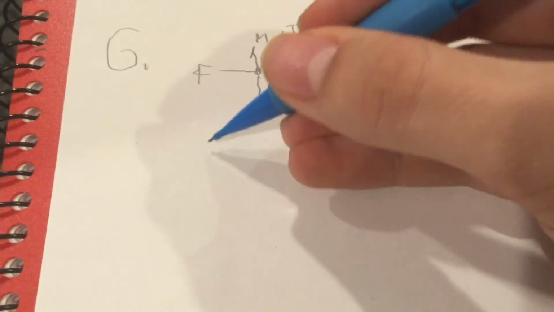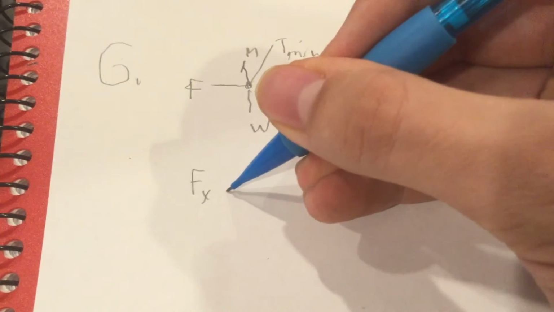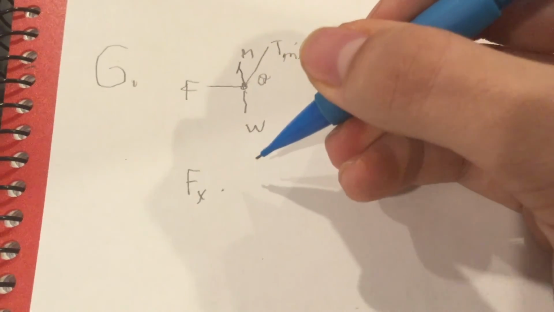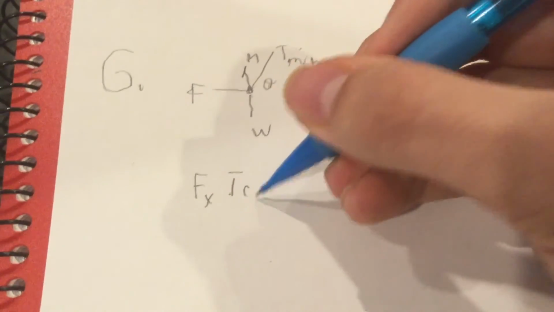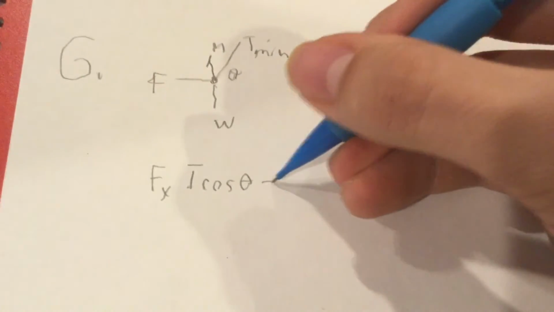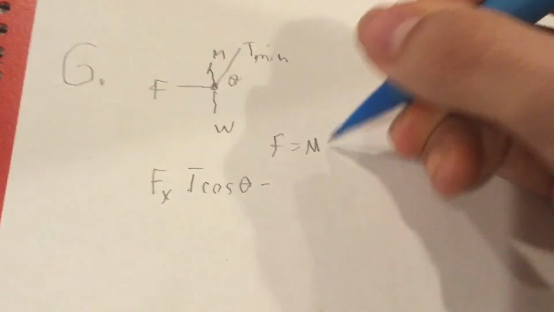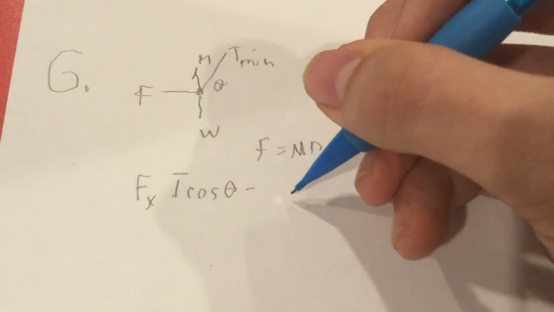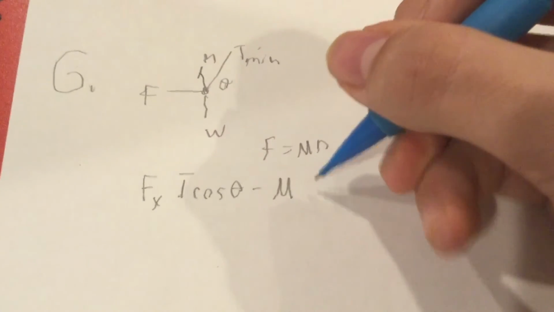And we're looking for the coefficient for static friction. So if we solve for Fx, we'll have T cosine theta minus friction, which is equal to nu normal. So we'll have nu, and we'll find the normal in a second.